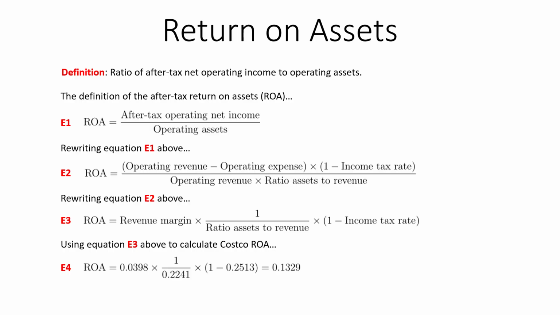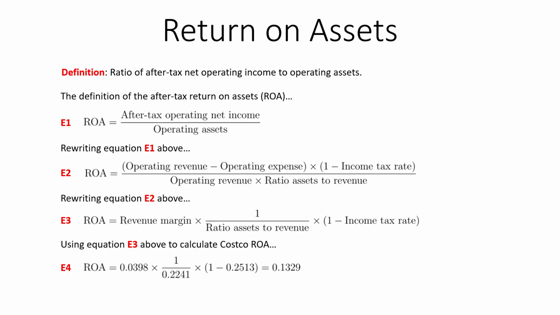And if you go back to the 3 slides, what did we calculate? We calculated the revenue margin on one slide, the ratio of assets to revenue on the other, and on the previous slide, we calculated the income tax rate. So after-tax return on assets is a function of those 3 items.